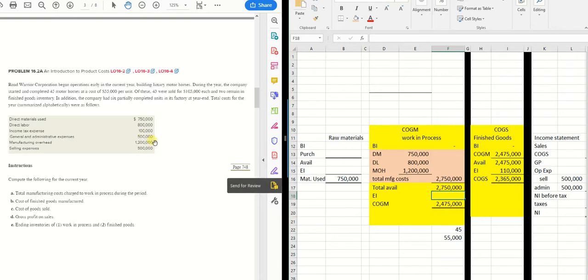Okay. Again, worded kind of strangely. I would change this to say that we have total manufacturing costs for the year, including beginning inventory, is $2,750,000.